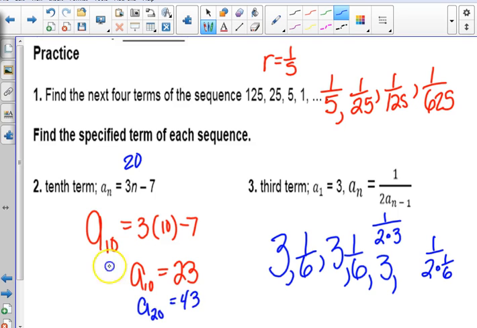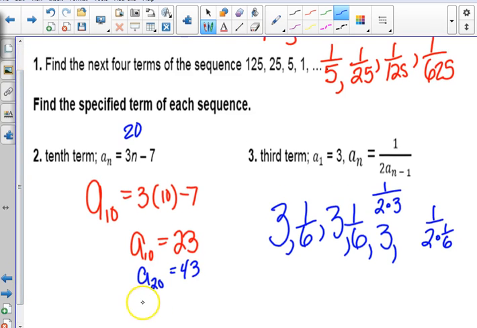If you were finding term 100, this is 53. Oh yeah, I can subtract, just not well. 300 minus 7, 293 maybe? Is this approaching something? It's getting really big, right? Okay.